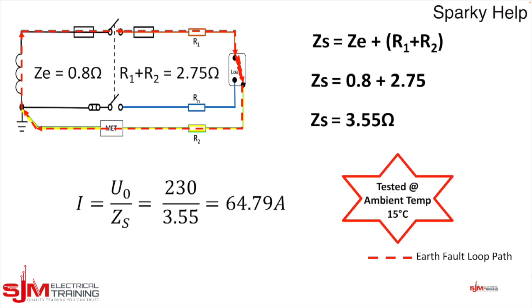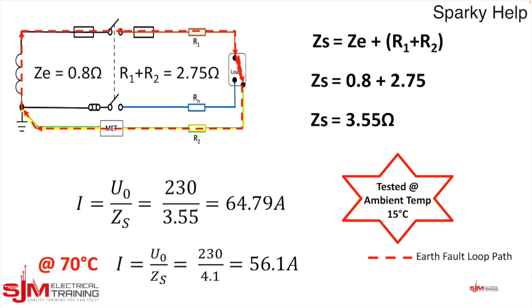Remember, these are at 15. If it was to go up to 70, it would only be the 2.75 that would change in ohmic value. We ignore the ZE part because they are much bigger cables and not our cables. That means the fault current would drop to about 56.1 amps.